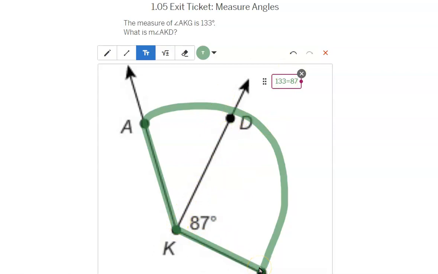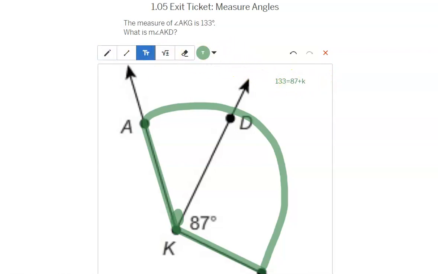So I can say, well, I know that DKG measures 87, but it wants to know what is AKD. So I'm going to say that this angle right here, or AKD, is K. 87 plus K equals 133.